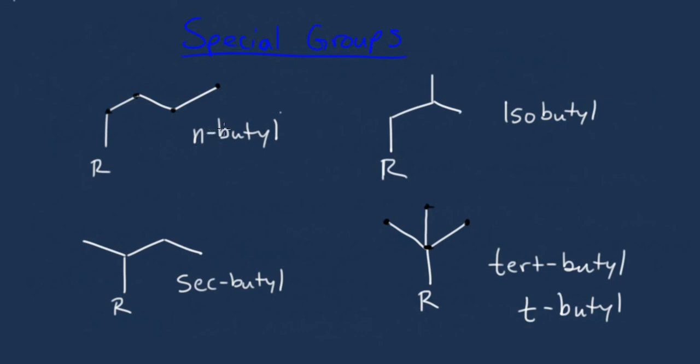So you could see it on, I guess, anything else. You could see N-propyl all the way up to, I guess, even N-decyl, I suppose.